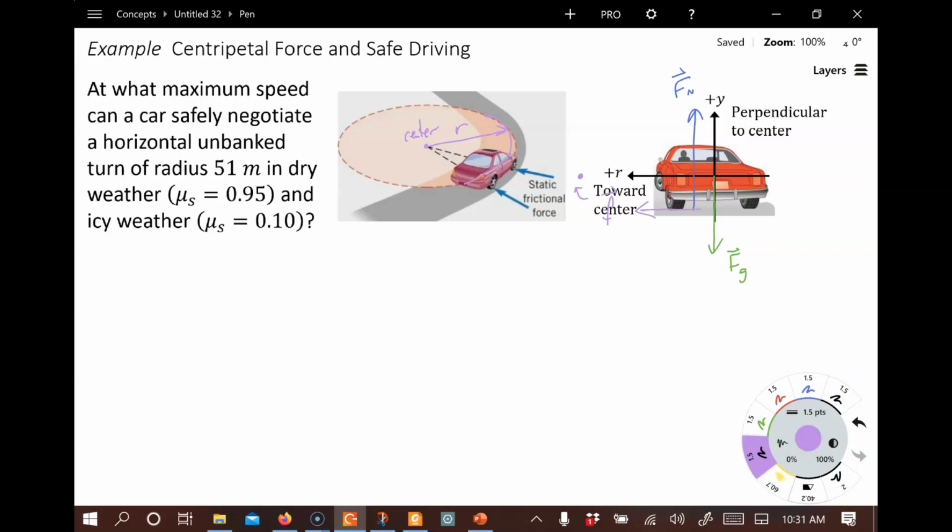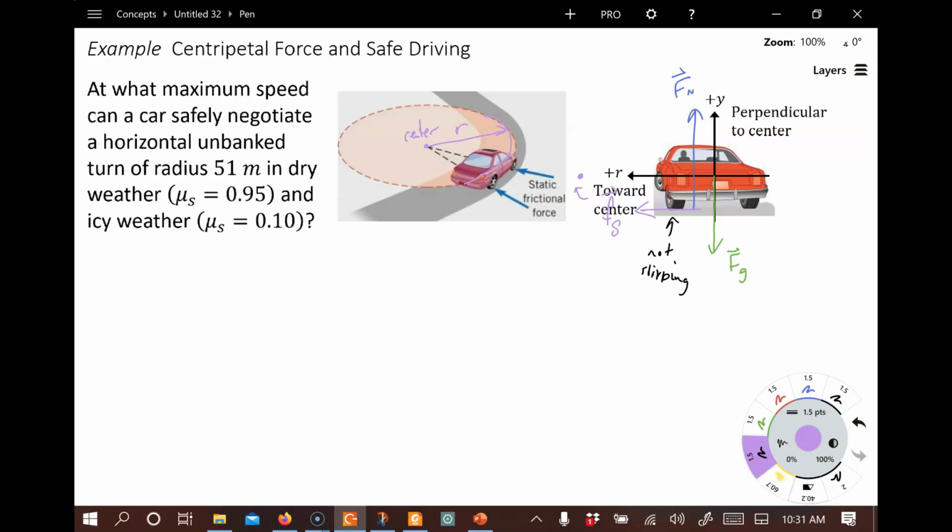And you might wonder, is this a kinetic or a static frictional force? If you want to say kinetic, I understand because the car is moving, but it's actually static because the tires are not slipping. So as long as the tires are not slipping, that means you're not slipping along the surface, and this is actually going to be a static frictional force.